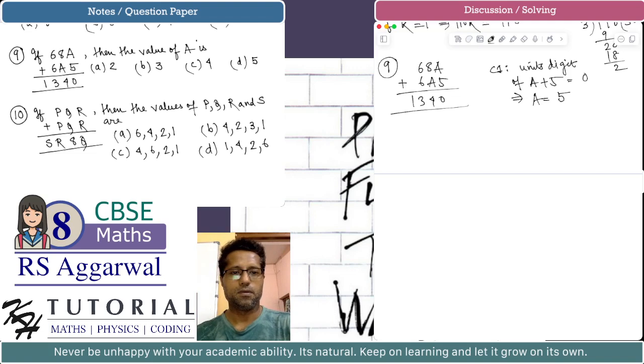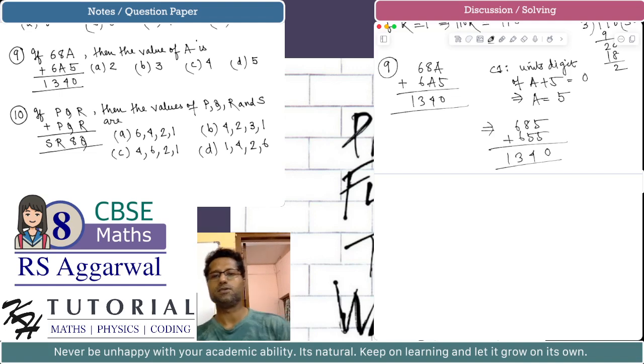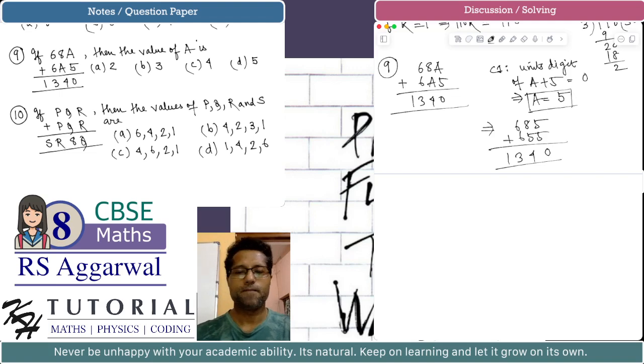Now if a is equal to 5, we have 685 and 655. If we add, we get 10, 9, 14, 12, 13, which exactly matches the result. So a equals 5 is the value of a, and the correct choice is D.